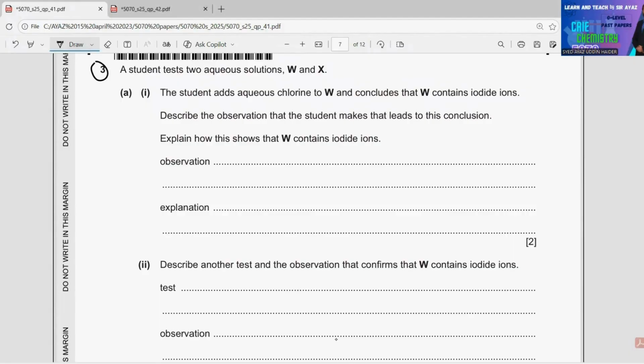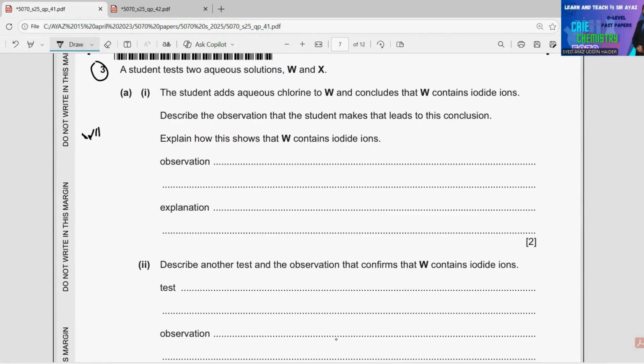So question number 3. A student tests two aqueous solutions W and X. A1. The student adds aqueous chlorine to W and concludes that W contains iodide ions. Describe the observation that the student makes that leads to this conclusion. Explain how this shows that W contains iodide ions. Recall the position of chlorine and iodine in the periodic table. It's in group 7.